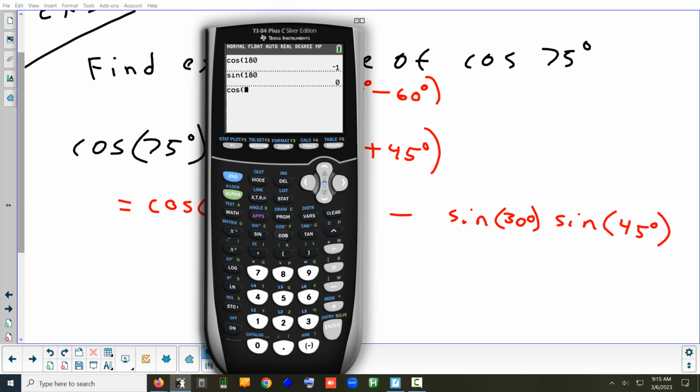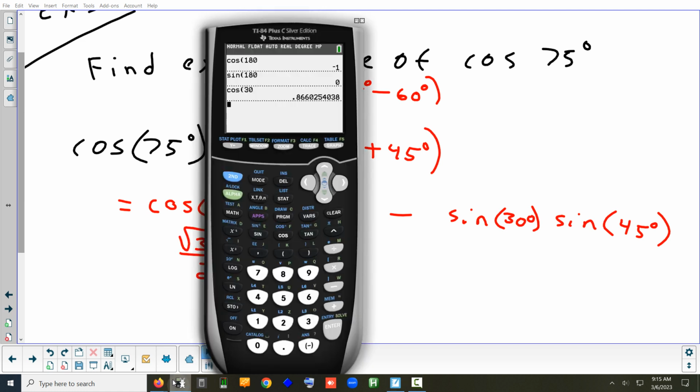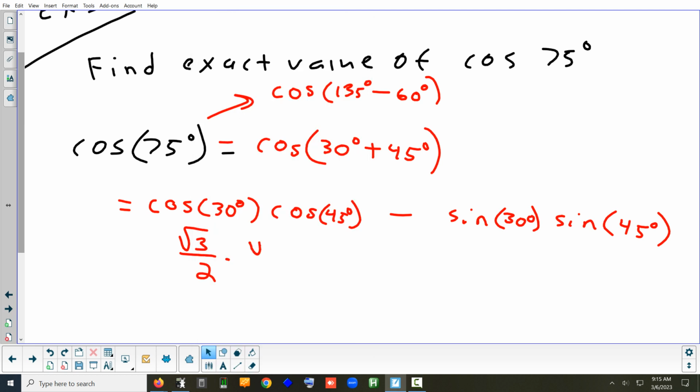Let's check them. Cosine of 30, 0.866. Yep. That's the square root of 3 over 2. Cosine of 45, that's 0.707. What's the cosine of 45? Square root of 2 over 2. There's how your square root 6 is going to pop up in this problem. Minus.